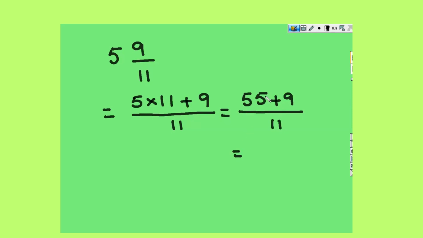This becomes 55 plus 9, which is equal to 64 upon 11.